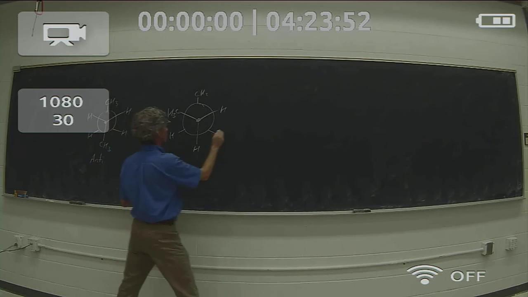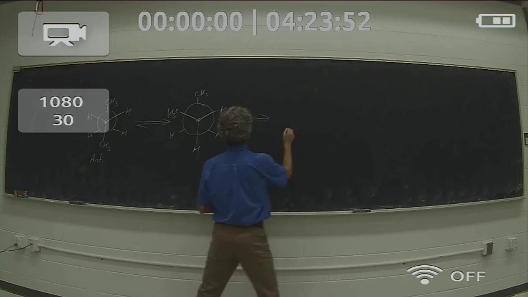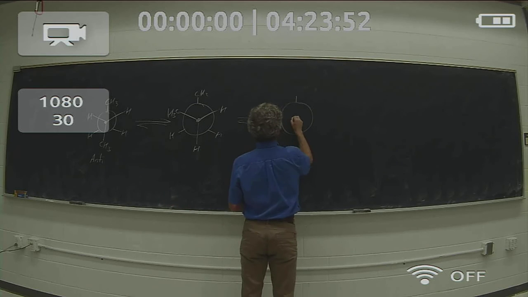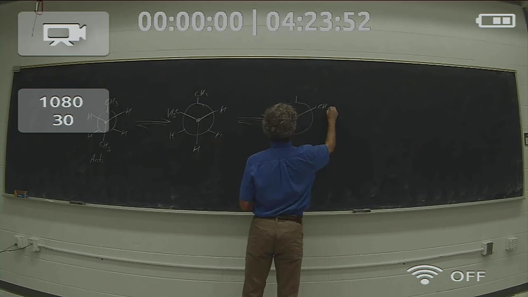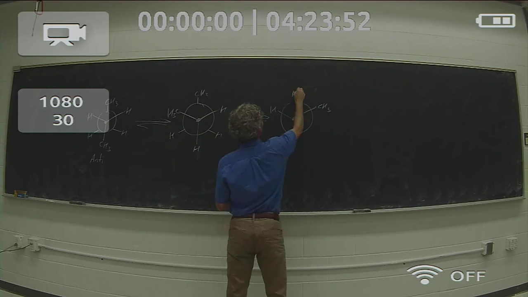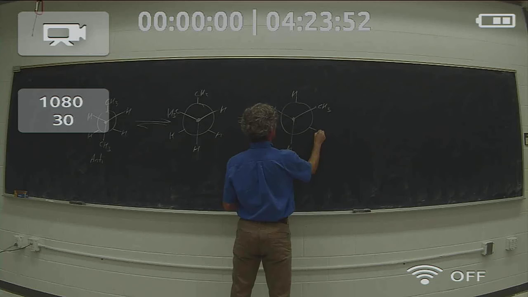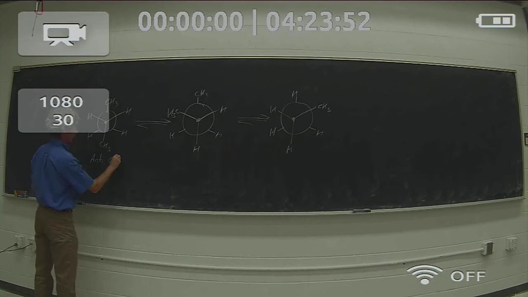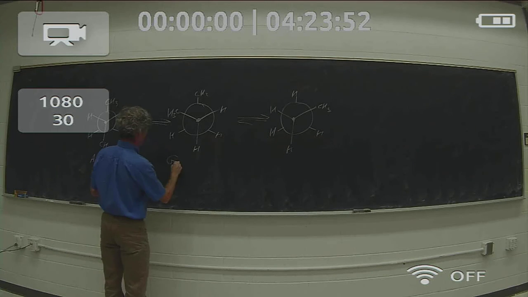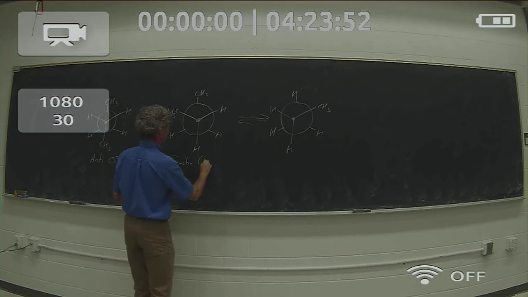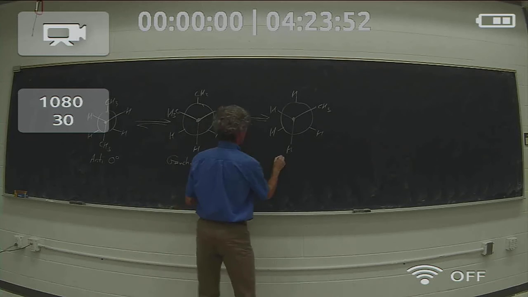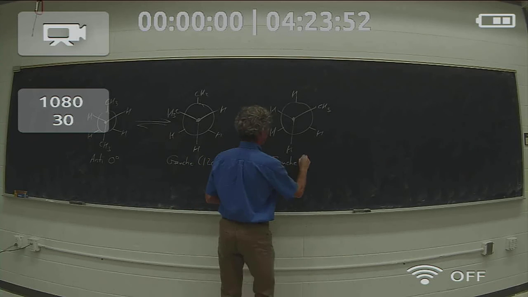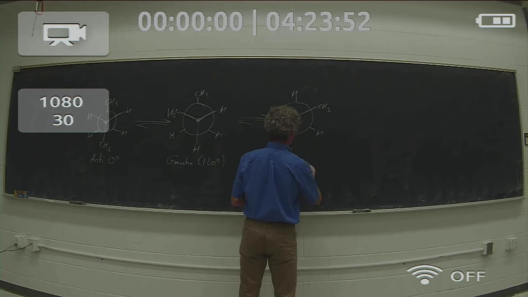And if I rotate another 120 degrees, I'll go to the gauche conformer that has the CH3 on the front carbon over on the right. So I've only drawn the 0-degree conformer, the gauche conformer at 120 degrees, the gauche conformer at 240 degrees.